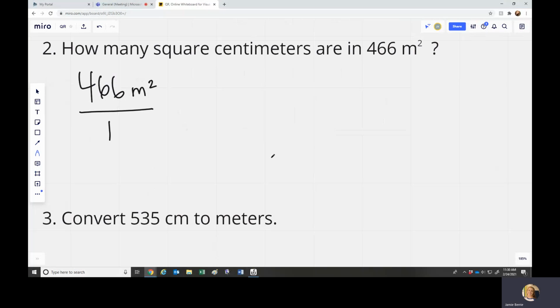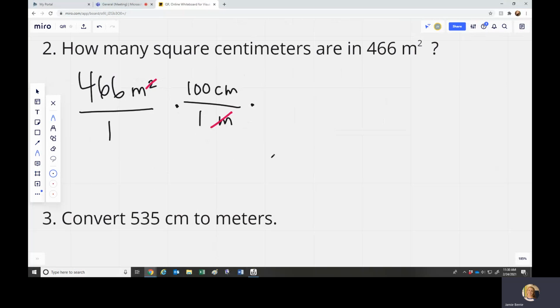We want to cancel out our meters, and we want to get to square centimeters. So we know that in every meter, there are 100 centimeters. That's going to cancel one of those units of meters, so that takes that down to 1. It cancels with that 1 meter.